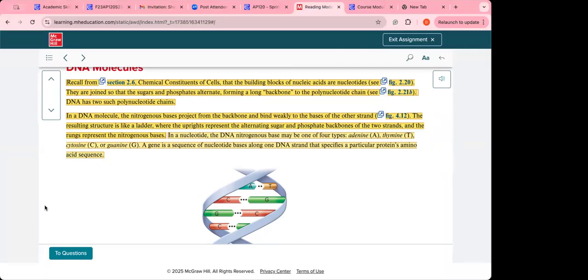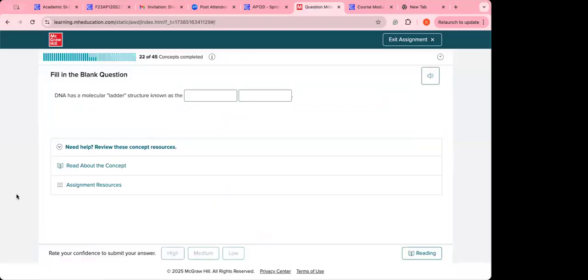I think they're looking for that. So it would be polynucleotide. It's misspelled: N-U-C-L-E-O-T-I-D-E.